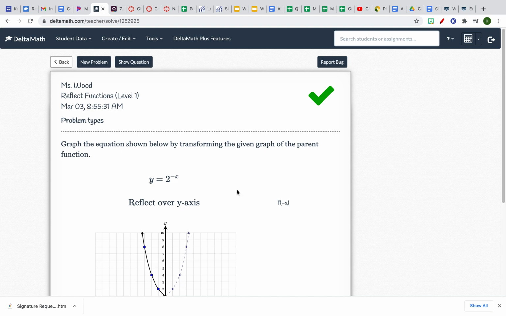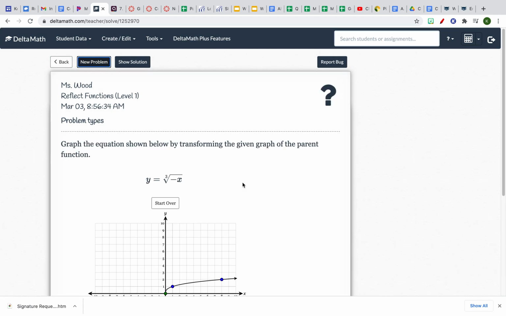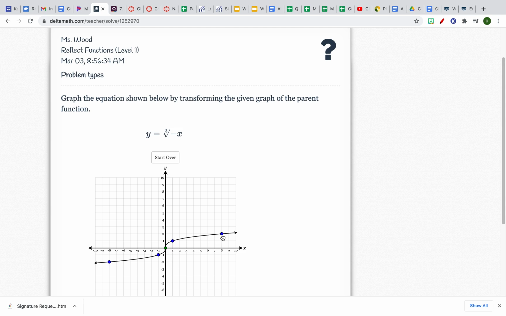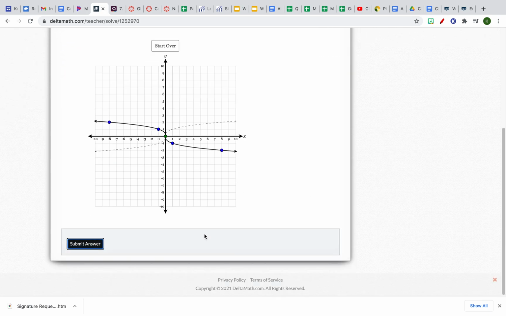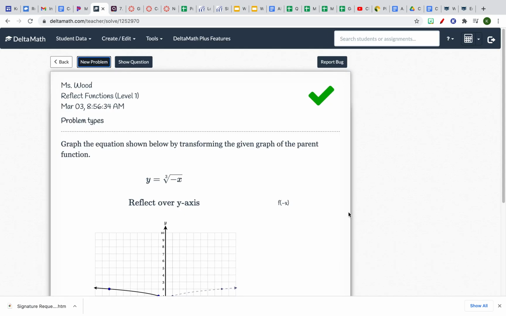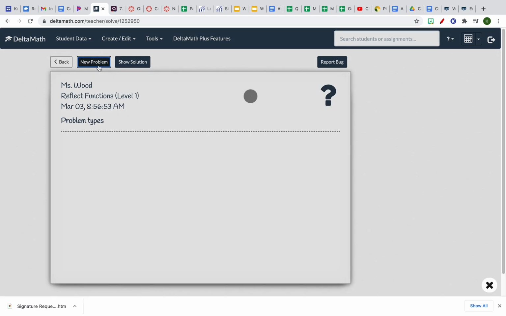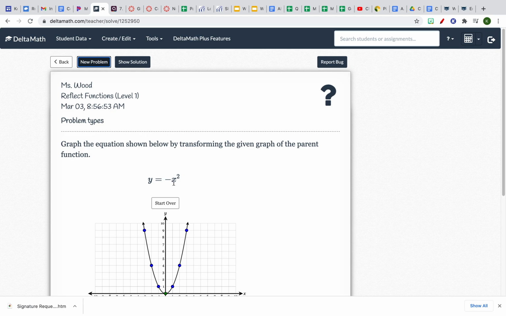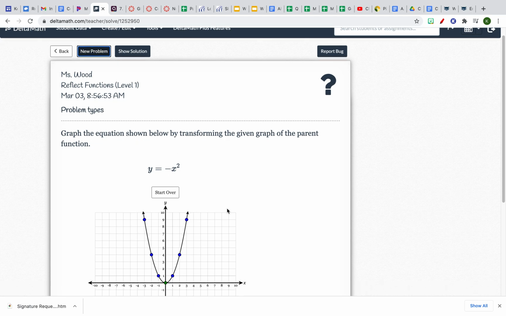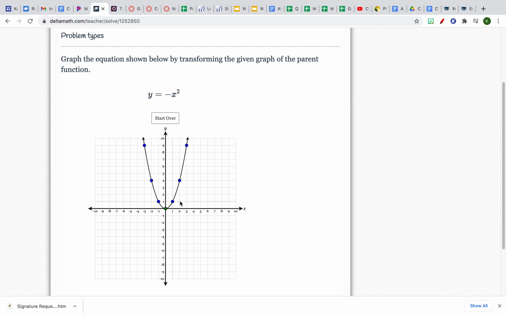So again, when the negative is in front of the x, you flip it over the y-axis. So the negative is in front of the x, so I'm going to flip it over the y-axis.